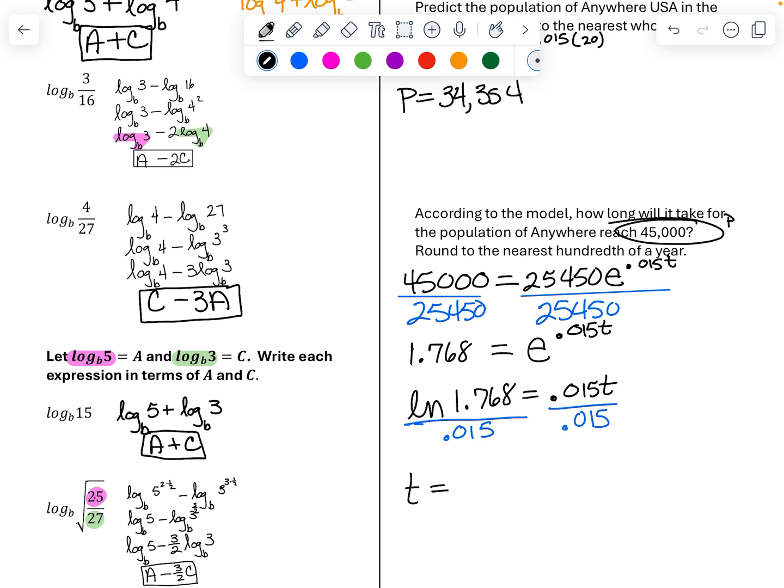So 37.99 years. So roughly in 38 years, there will be 45,000 people living in this town.